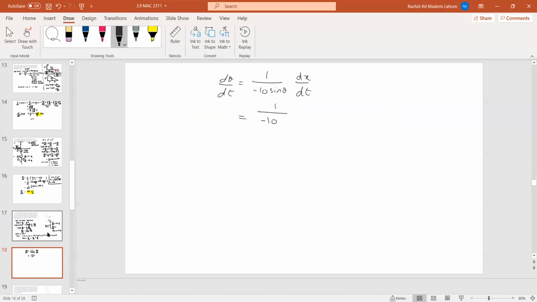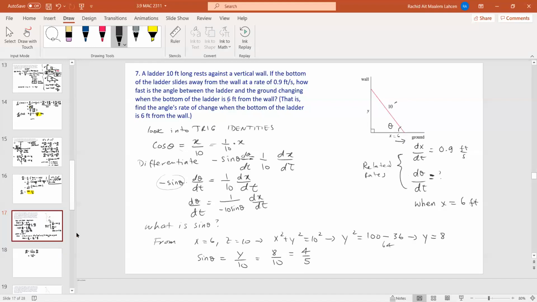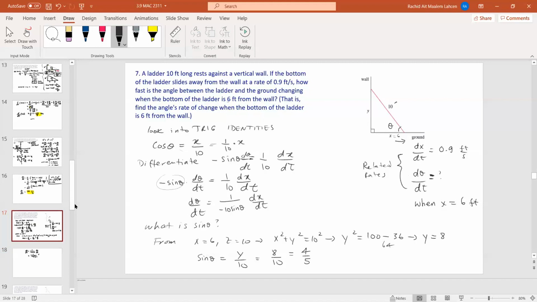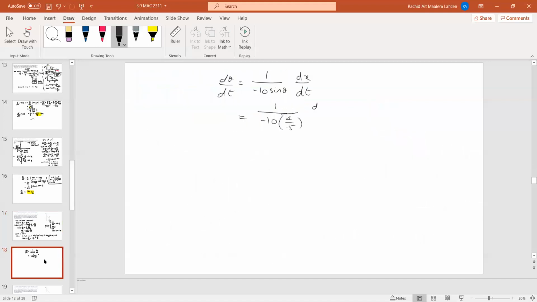And you know, when you divide by a fraction, 4 over 5, it's going to be a reciprocal. So if you put a 4 over 5 here, we have these dx dt. Dx dt is given, it's 0.9. All right, so if you want to keep it, you can do negative 40 over 5.